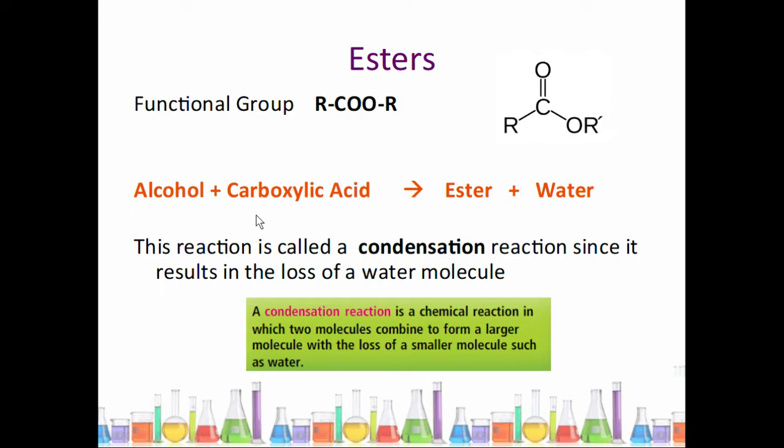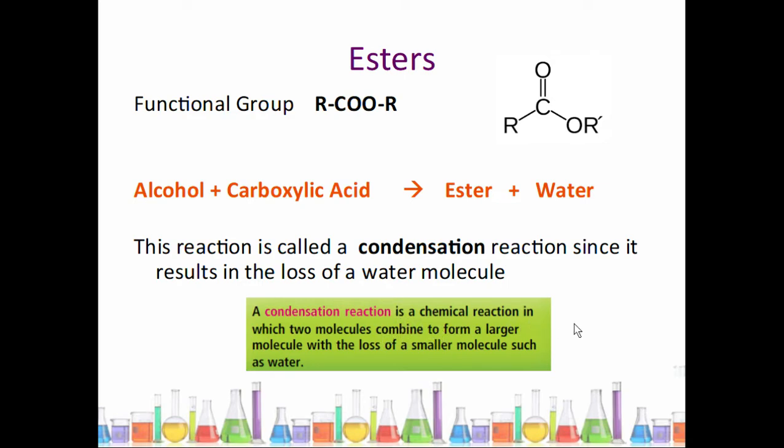And how we produce that, and this is something we'll look further into in the next chapter as well, but it's important to note now so that you understand the naming of esters. To make an ester, it's done by reacting an alcohol with a carboxylic acid. So this reaction is called a condensation reaction because we're losing water, so condensation produces water.